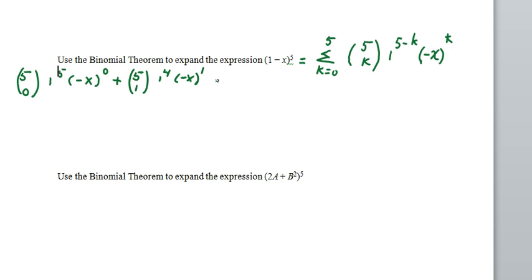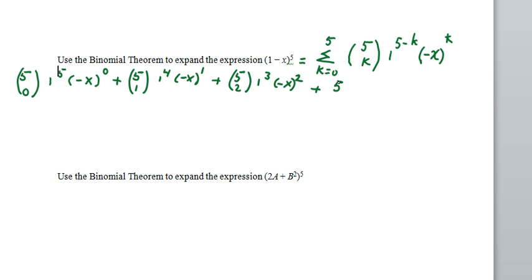That's going to make a negative term. Plus 5 over 2, 1 to the third, the opposite of x squared.